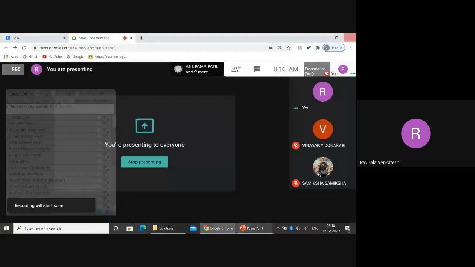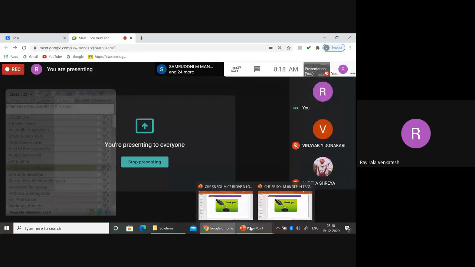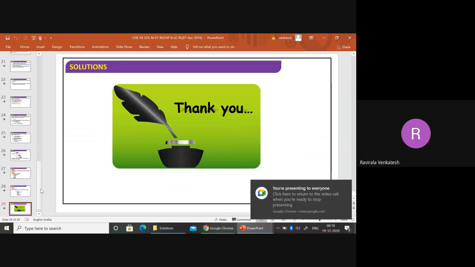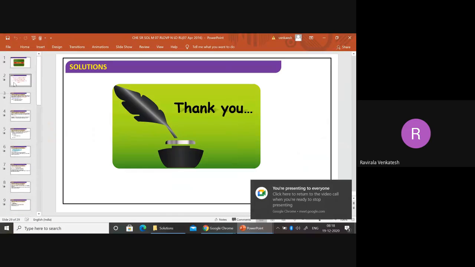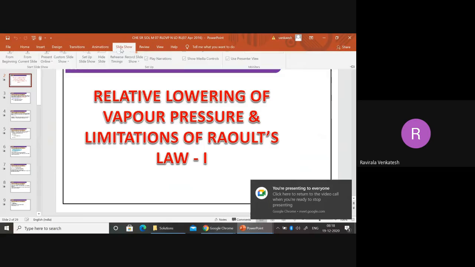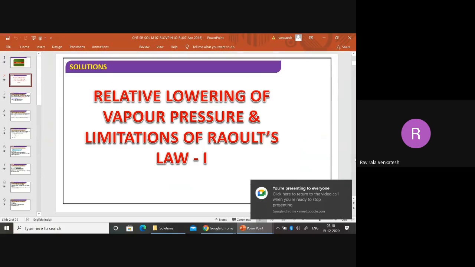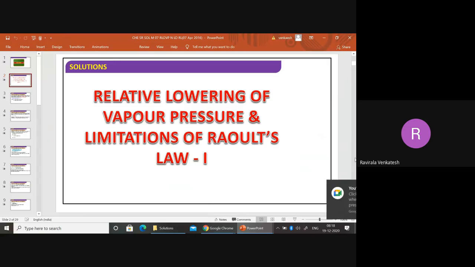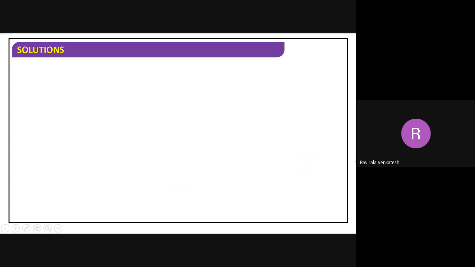Now let me discuss the first colligative property. Let me start now here. This is the first colligative property which I have taken: relative lowering of vapor pressure, and we will see some limitations also in that. Now what is the meaning of relative lowering of vapor pressure?